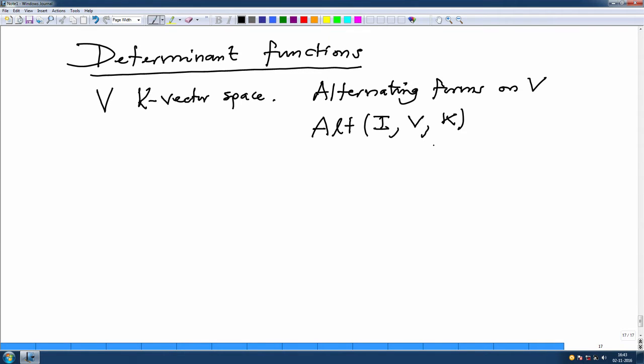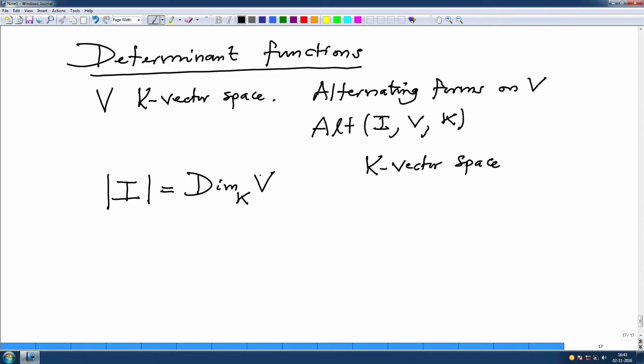We have seen it is a vector space. This is a k vector space. And now as a special case, what we are doing is we want to study it when the cardinality of I is exactly equal to the dimension of V. Because we have seen when the cardinality is more, then this vector space is actually the 0 vector space.